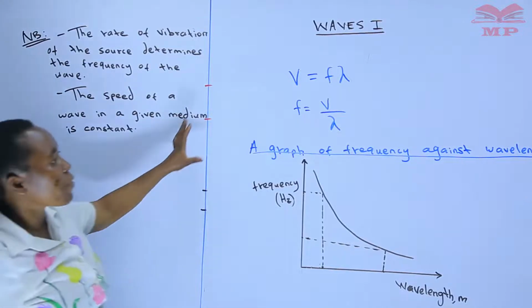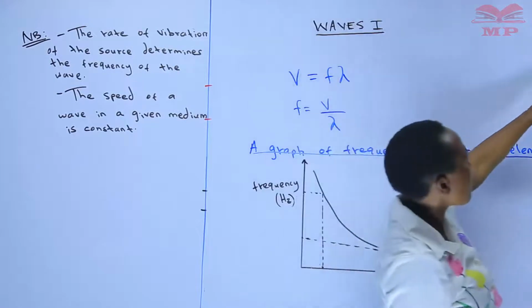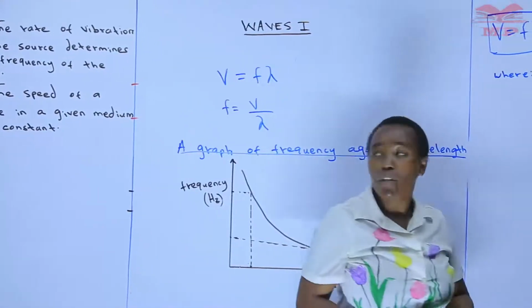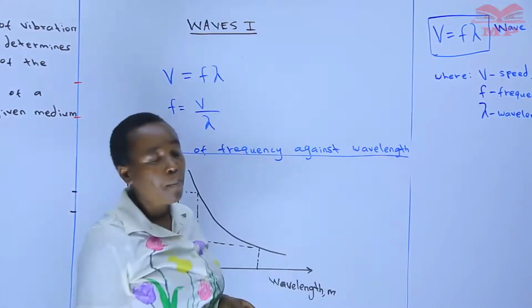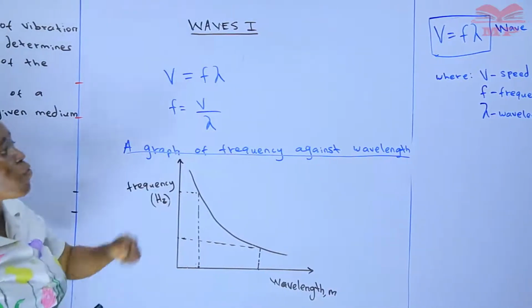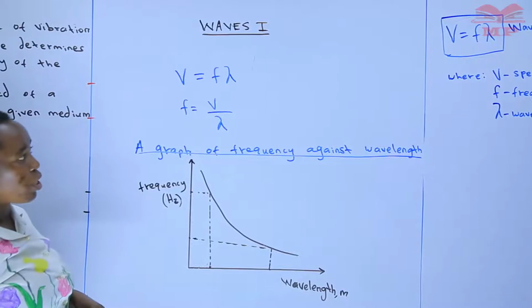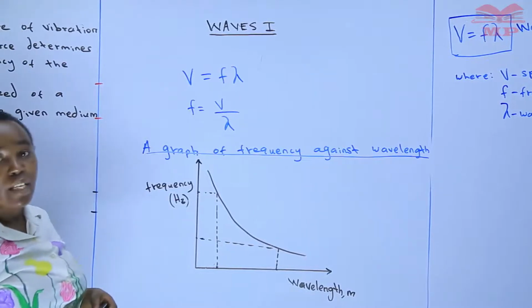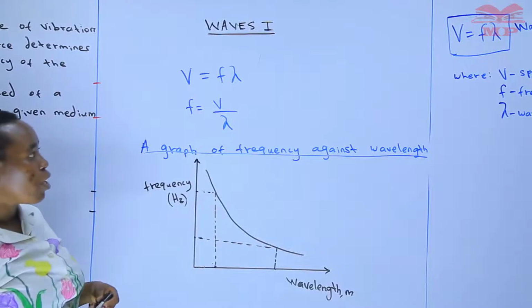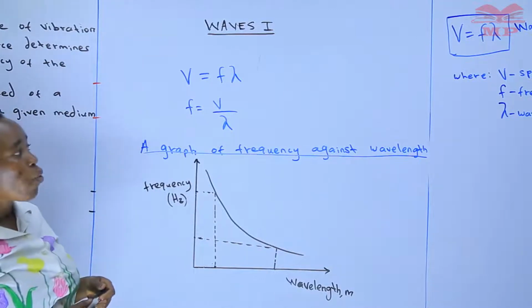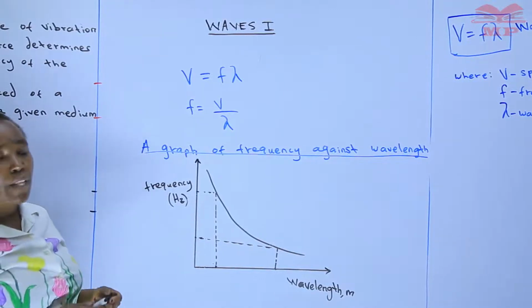Having now been able to derive the wave equation and having noted the following, we want to solve some numerical problems involving our wave equation. Our wave equation is V equal to F multiplied by lambda. From that equation, we can calculate any of the quantities.